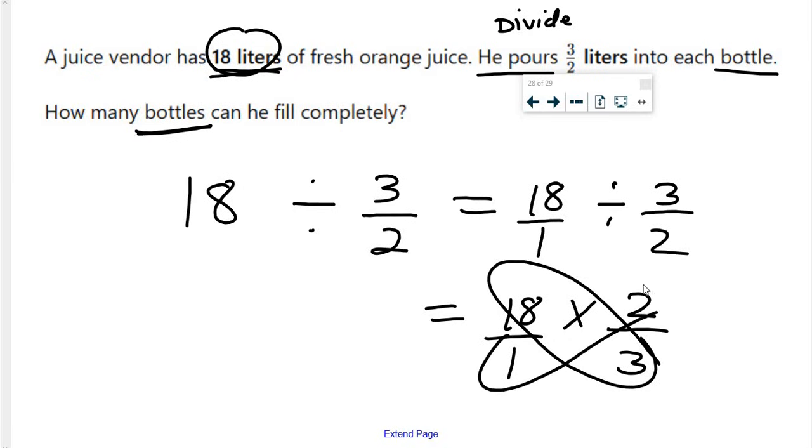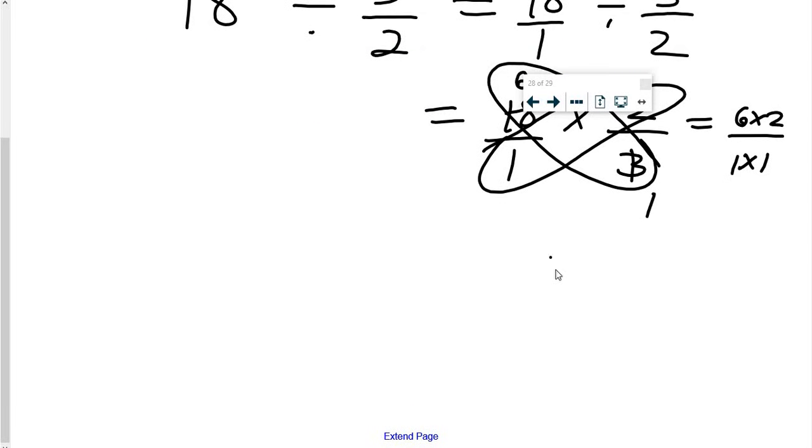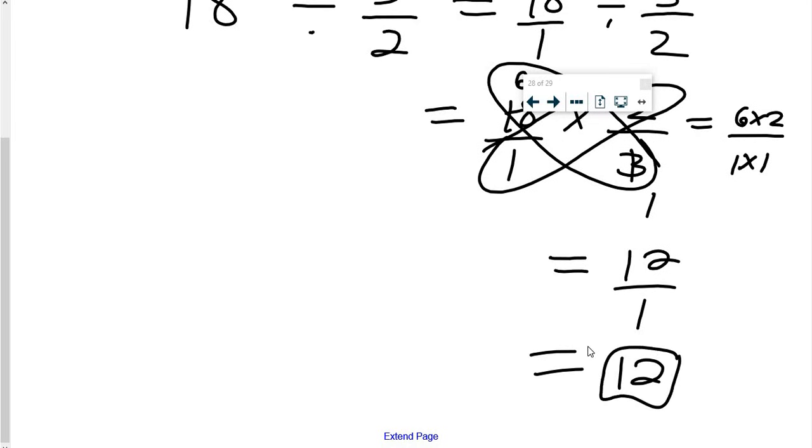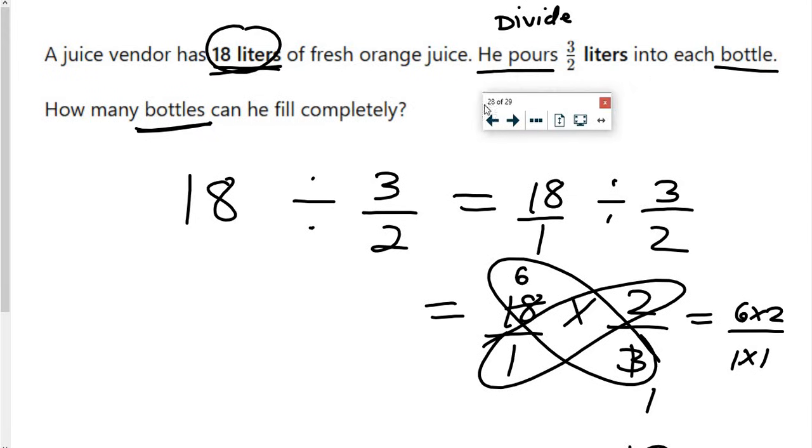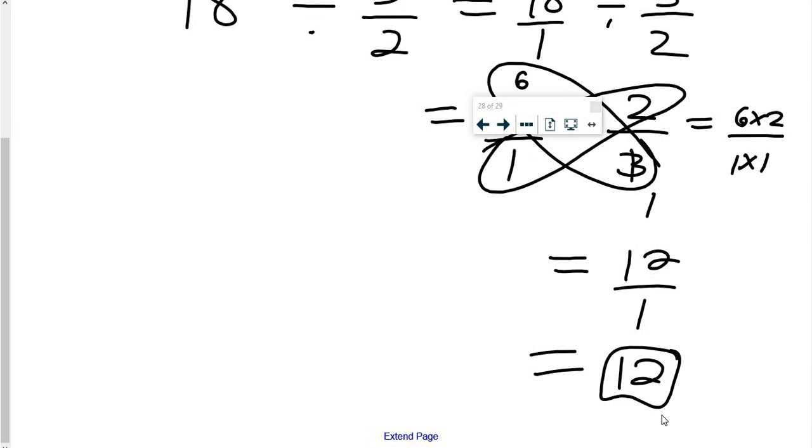Check if you can simplify that. By 3: 1, by 3: 6. So you'll have 6 into 2 upon 1 into 1. And the answer will be 12 upon 1, meaning 12 bottles will be filled completely.